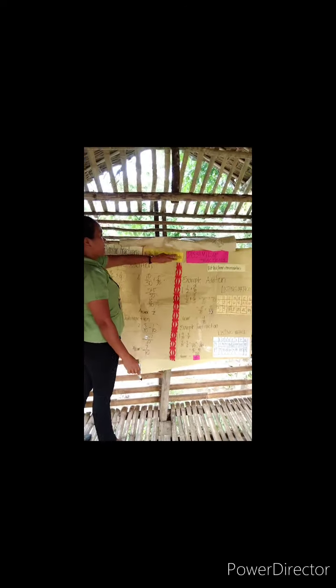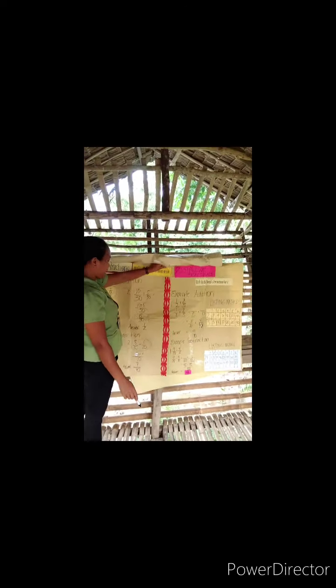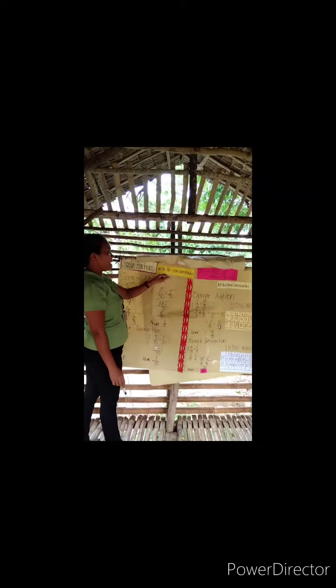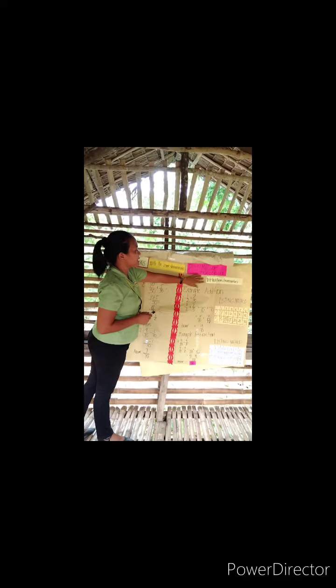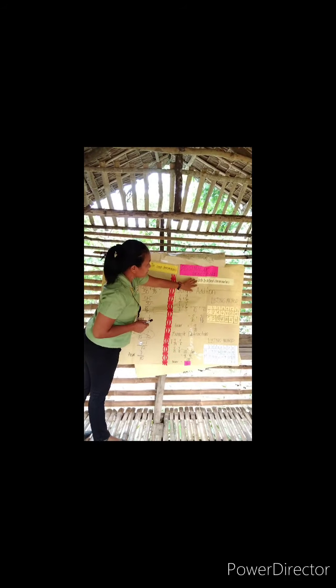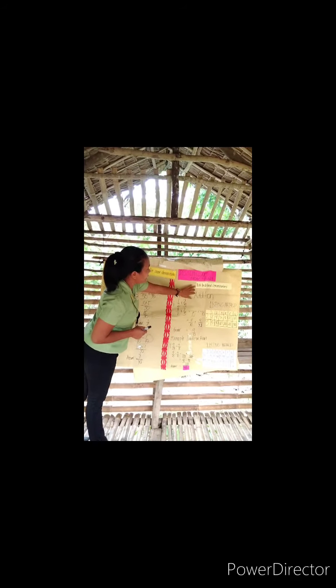Okay. Proceed, class. Do you have a question in addition and subtraction? Okay. None. Let's proceed to dissimilar fractions. Krisha Jane, what are dissimilar fractions? Okay, very good. Dissimilar fractions are fractions whose denominators are different.